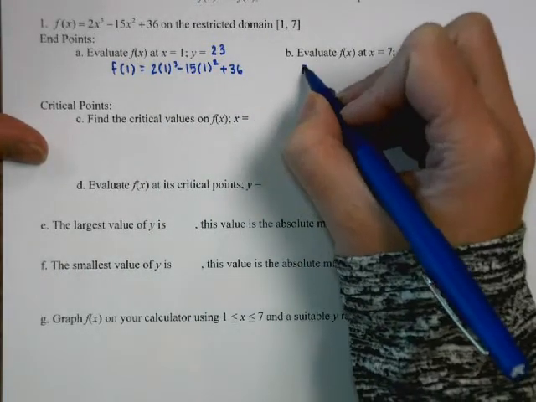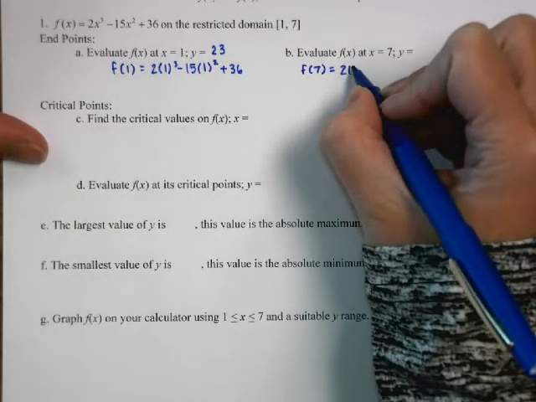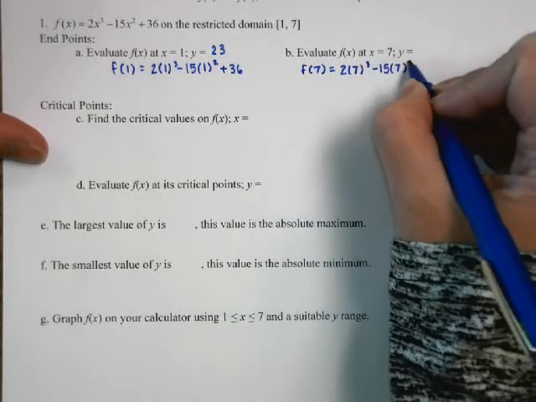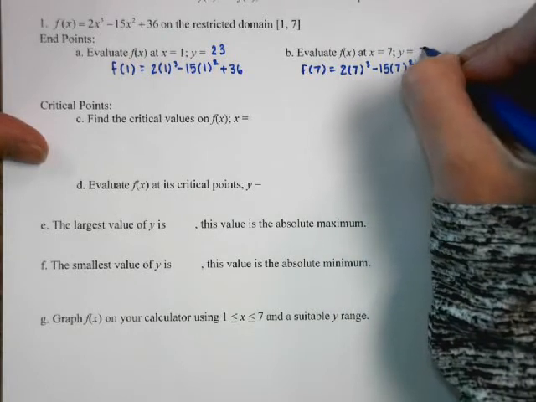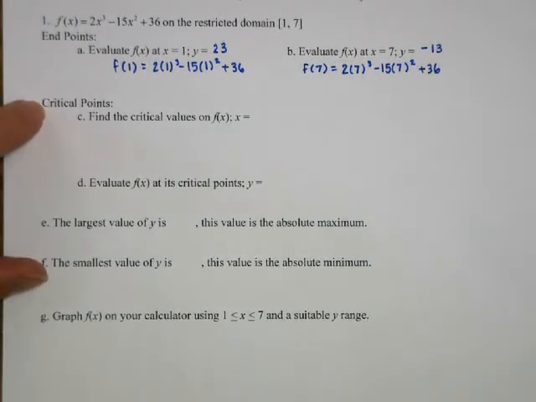We're going to do the same thing at 7. This one will give us a value of -13. So those are both candidates for the absolute max and absolute min, but then we also need to see if there are any critical points, any maximums or minimums that are bigger in between 1 and 7.